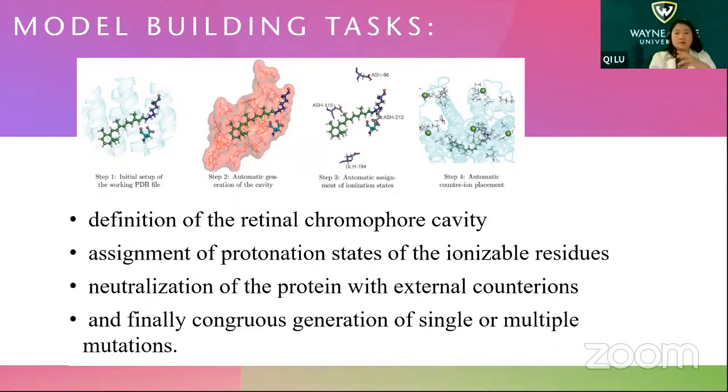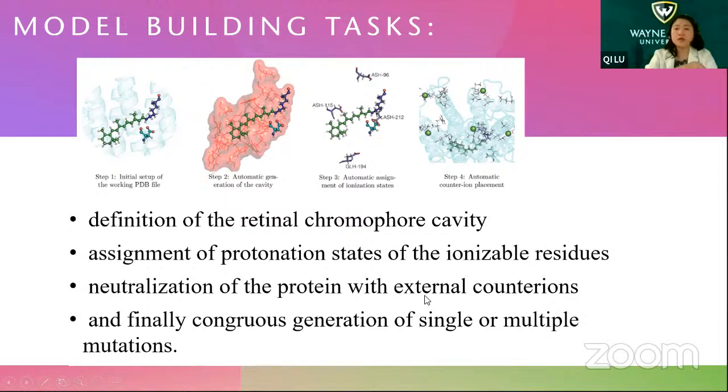There are several very critical parts of rhodopsin. One is the retinal chromophore cavity, and we also need to find the protonation status of ionizable residues. Some residues are aligned within the channel or pump pathway, in the pathway of the cations or ions, and if they are ionizable, they need to be highlighted.